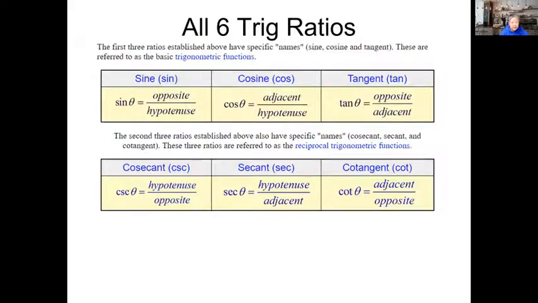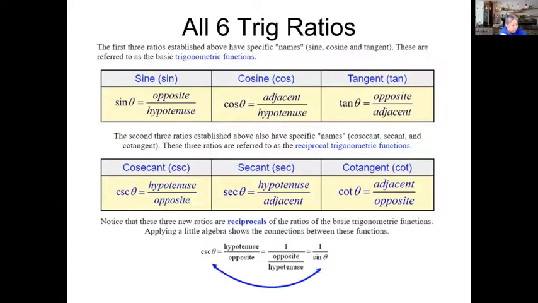And tangent has cotangent as its reciprocal function. As you see, the ratio of cotangent is adjacent over opposite. If we sum all of them, reciprocals are just the ratio upside down.